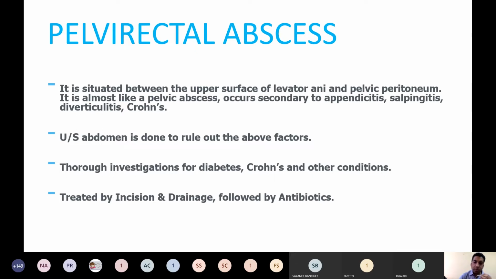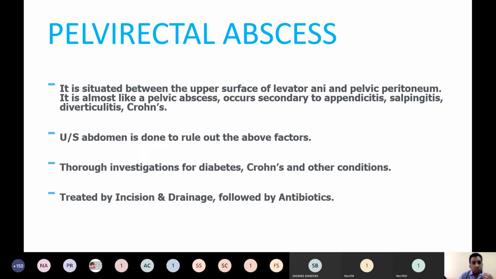These are the intraperitoneal abscesses which trickle down into the pelvic part of the peritoneum, and then enter the pelvirectal space, that is supralevator space. This will be your descending infection. Ascending infection will be from your infection of anal glands. So if they end up in that space, it becomes pelvirectal abscess.